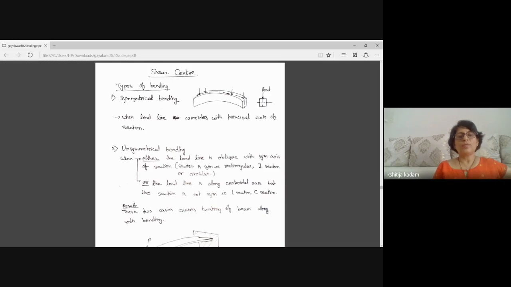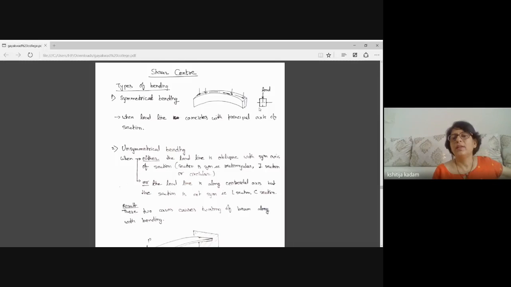A beam will observe symmetrical bending when the load line coincides with a principal axis of the section. What do you understand by principal axis? You have already studied principal axis in engineering mechanics. In short, if the section is symmetrical, the principal axis coincides with the symmetric axis.